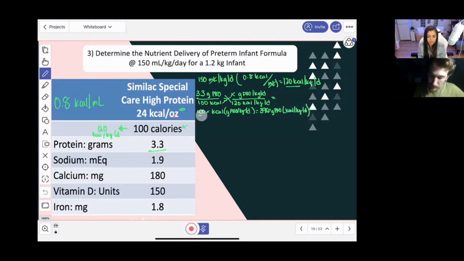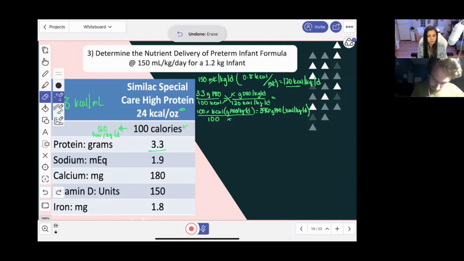Then we're going to divide each side by 100 kcals because we want the x alone. Well, with the grams of protein, but we've gone over that already. 100 kcals.